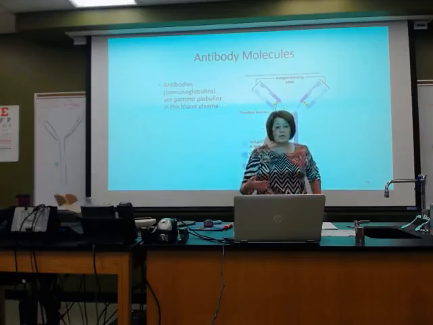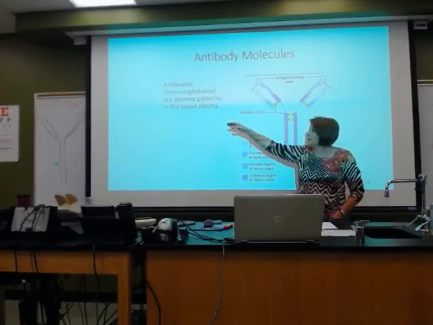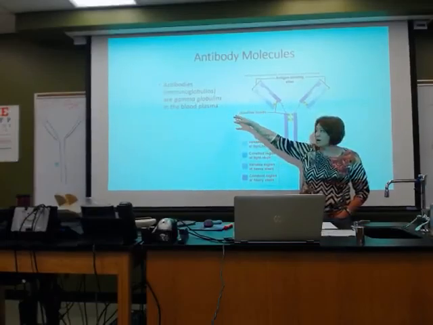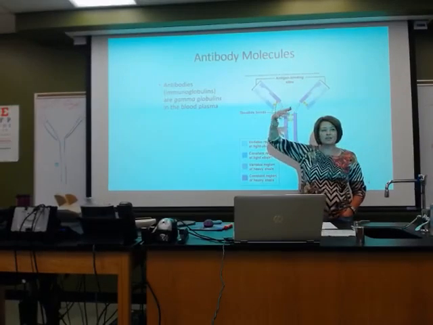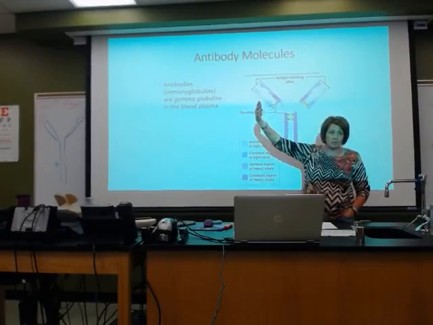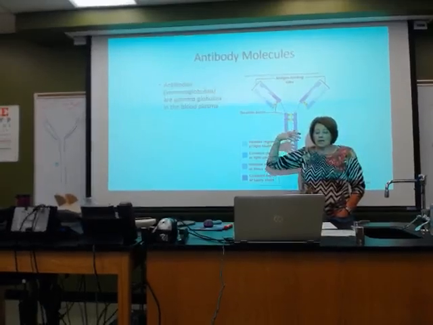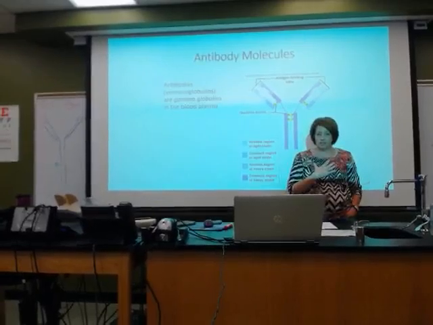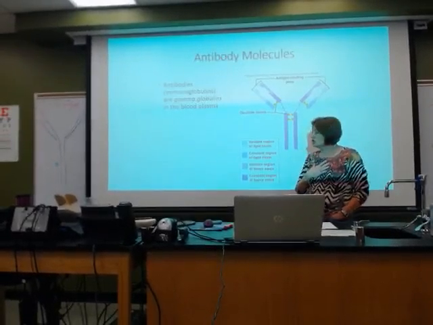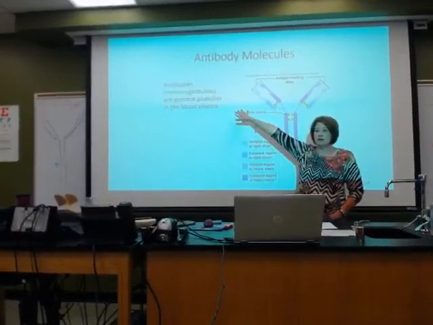But at this point, we can have some of these antibodies and these immunoglobulins, and it's going to be their job to work against something. Now, antibodies, they're going to be a protein that is termed the immunoglobulin.